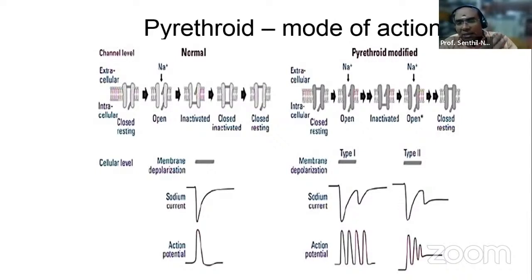So any impairment in the sodium potassium pump leads to a break in the locomotion of a particular animal. As a result, the total metabolism is affected. So that is the point in that particular pyrethroid.